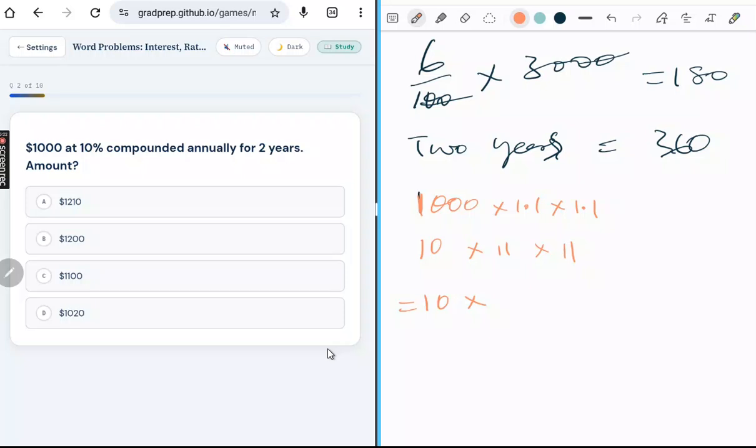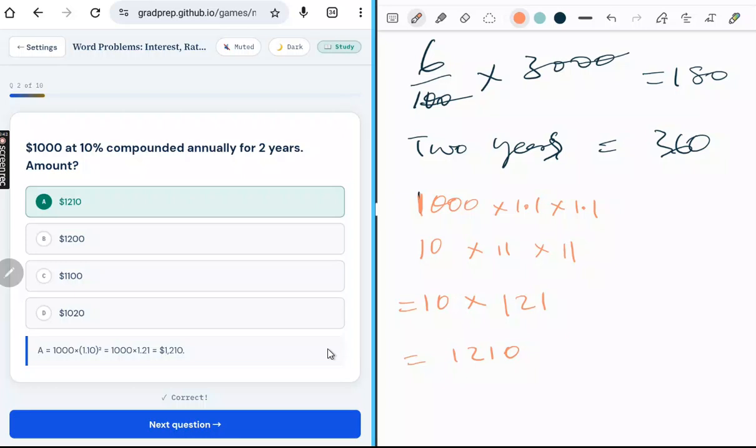Do you have it at your fingertip? 11 times 11? I think it is 131. I'm not sure. It is 121. 10 times 121 is 1,210. You just add 0. Finish. That's it. Yes.